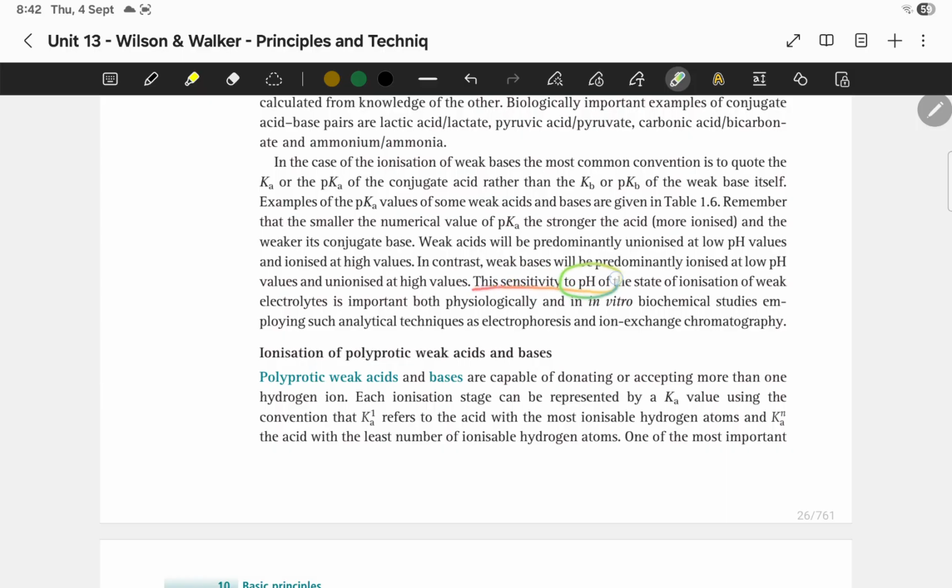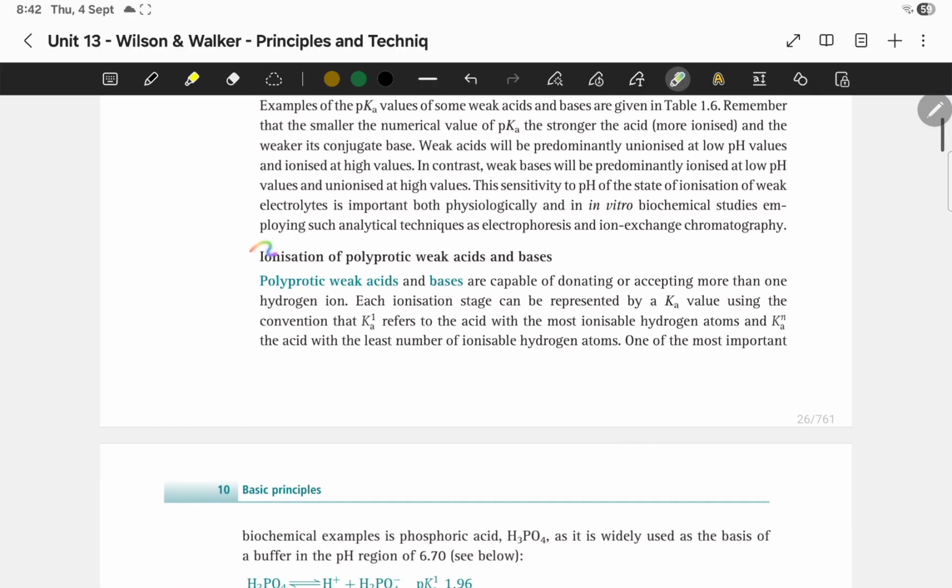This sensitivity to pH of the state of ionization of weak electrolytes is important both physiologically and in in vitro biochemical studies, employing such analytical techniques as electrophoresis and ion exchange chromatography.